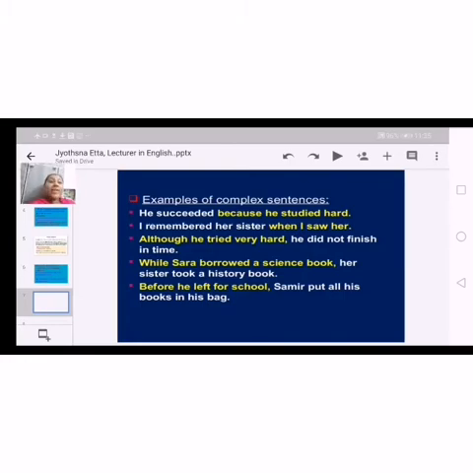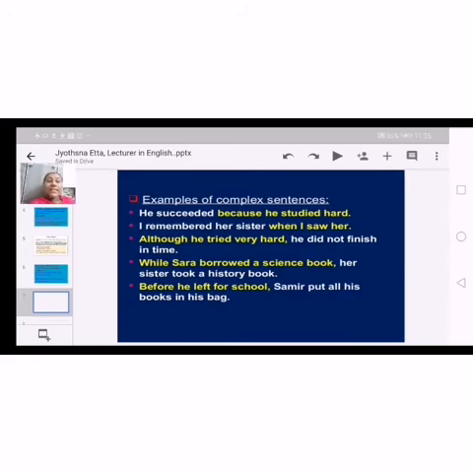Although he tried very hard, he did not finish in time. So he did not finish in time is the main clause. Although he tried very hard is the subordinate clause here. Okay, and next, while Sarah borrowed a science book, her sister took a history book.